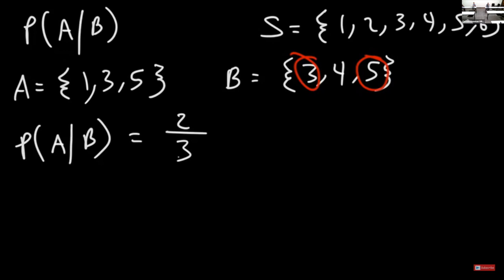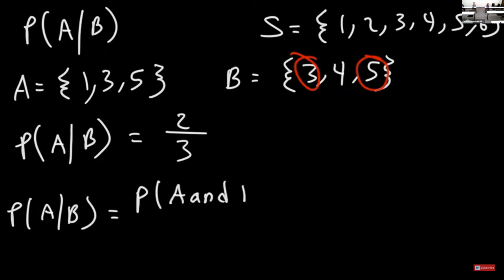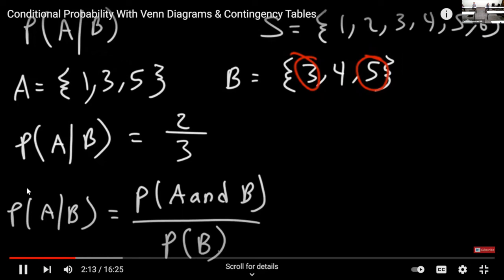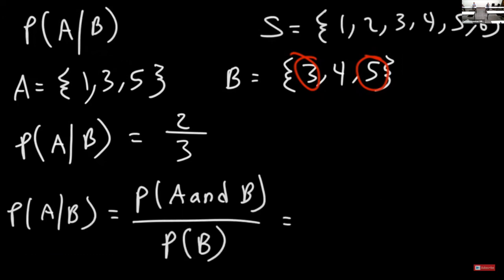But now there's a formula that you need to know. To calculate this conditional probability, it is the probability of event A and event B occurring divided by the probability that event B will occur. So what is the probability of getting event B?